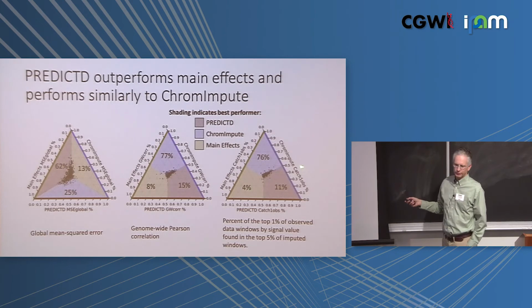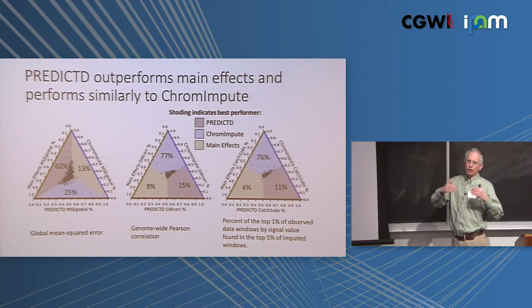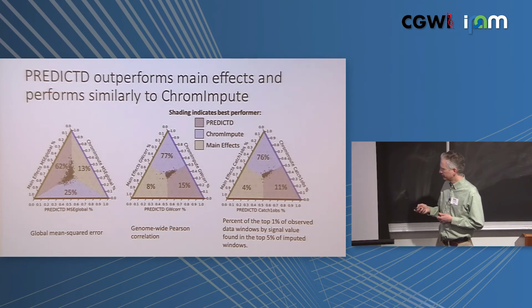And again, ChromImpute is doing better in that setting. In general, ChromImpute does a really good job of identifying and modeling peaks, although we also see that it tends to over-predict, so it tends to predict higher values on average.